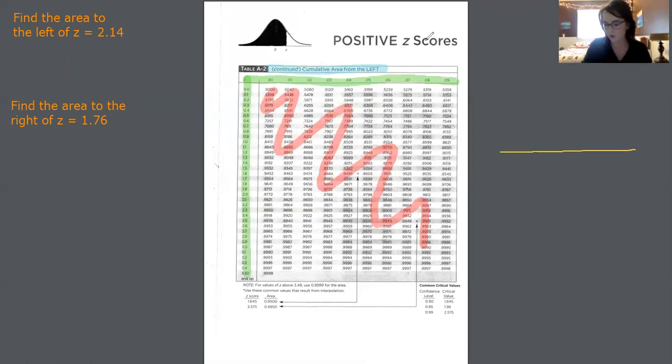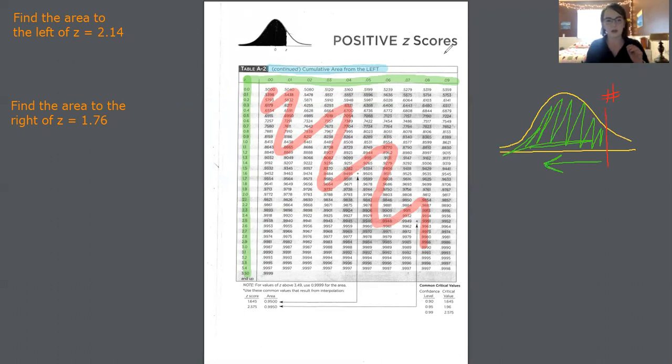So quick refresher, let's say we have a bell curve here, and we have a z-score here, and it's just some number. When we find this number on the table, the answer it's going to give us is the area here in green. It's always going to be to the left.